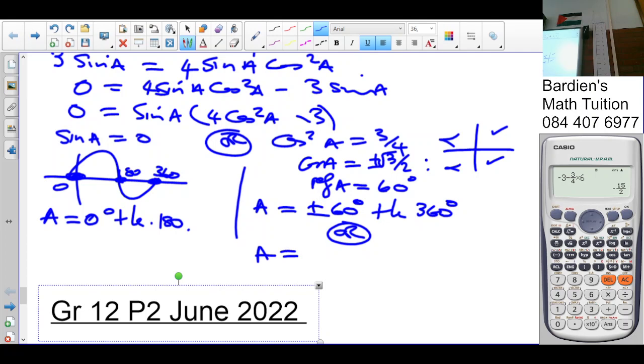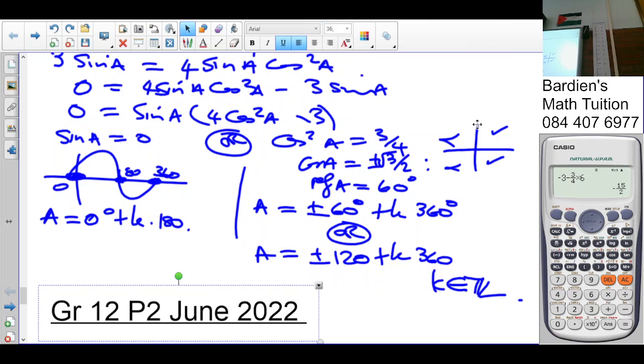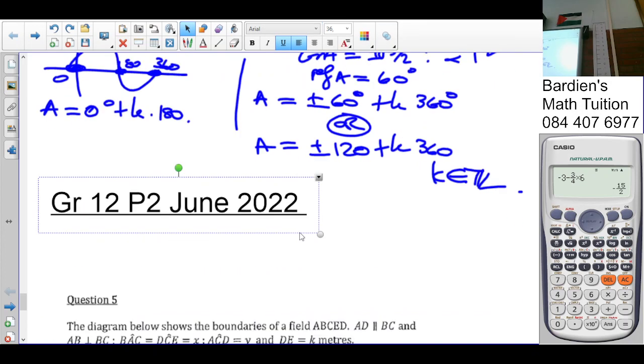In that quadrant it's going to be 180 minus, that's going to be plus minus 120 plus k times 360, where k is an element of integers. Otherwise, instead of writing it like that, we could have said A is equal to 180 minus 60, which is 120 plus k times 360, or A is equal to 180 plus 60, which is 240 plus k times 360. You get the full mark either way.